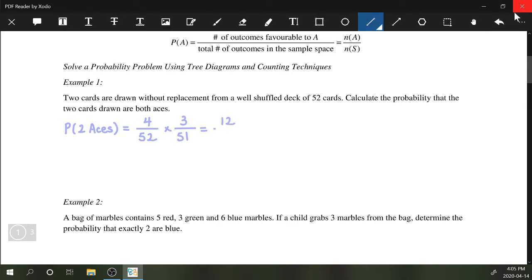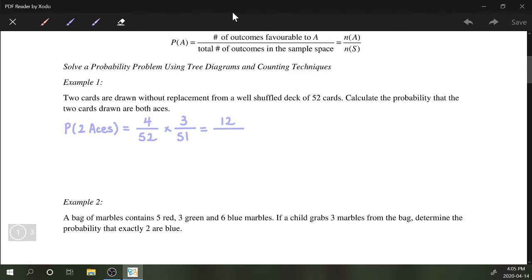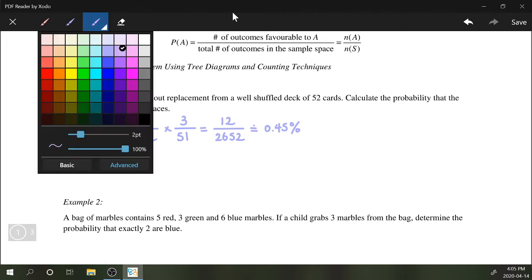And then 52 times 51 would be 2,652. Now, if you divide those to give a decimal and then a percentage, it'll work out to be around 0.45%. So not particularly likely, but you can expect that when drawing two cards and getting two aces.